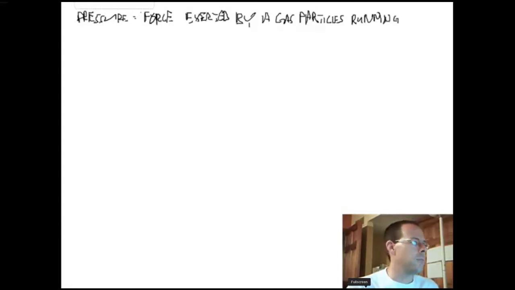So again, force exerted by gas particles running into the walls of their container, whatever is holding them.